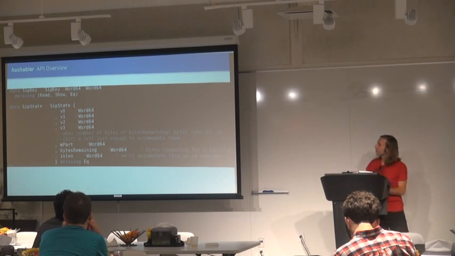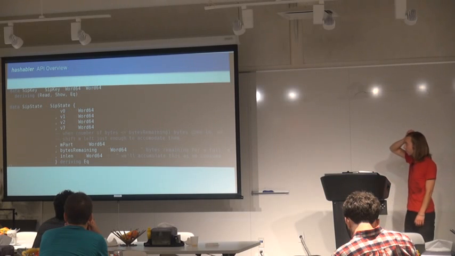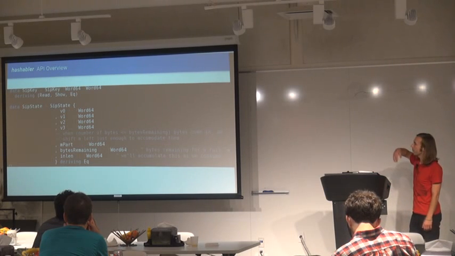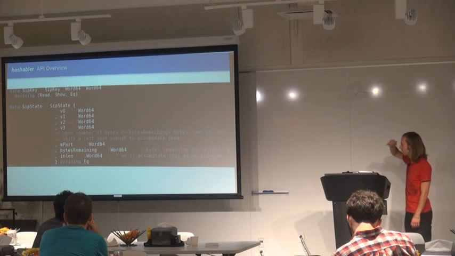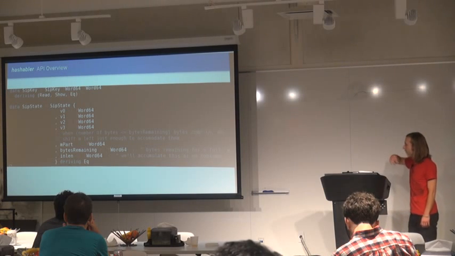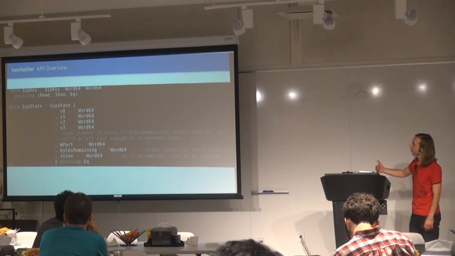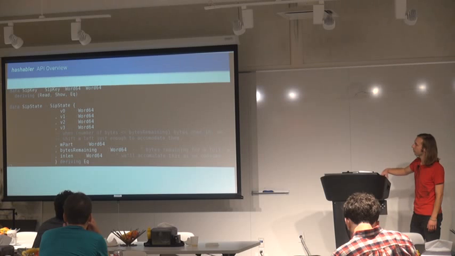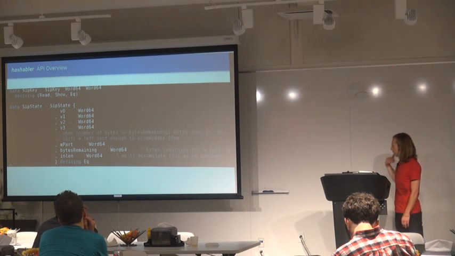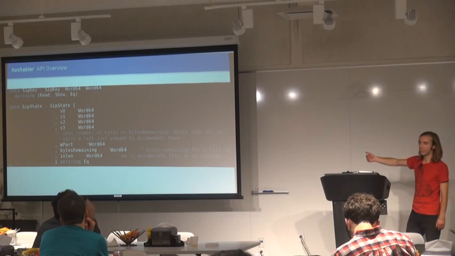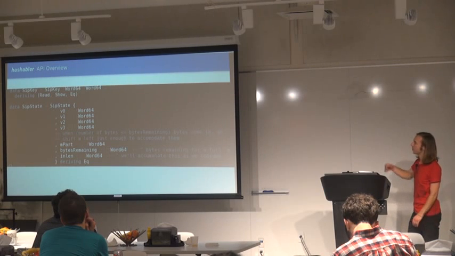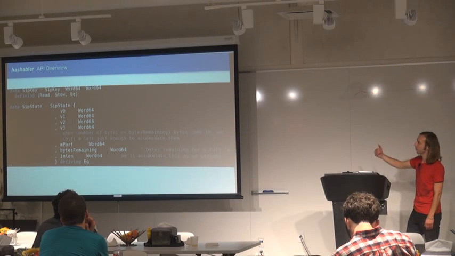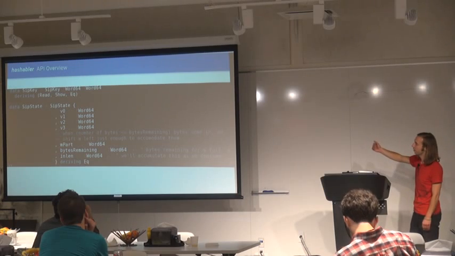So we implement that in hashabler. We also implement siphash, which is not a cryptographic hash function, but it provides protection against what they call hash flooding attacks. So it's basically a hash that you can't predict.